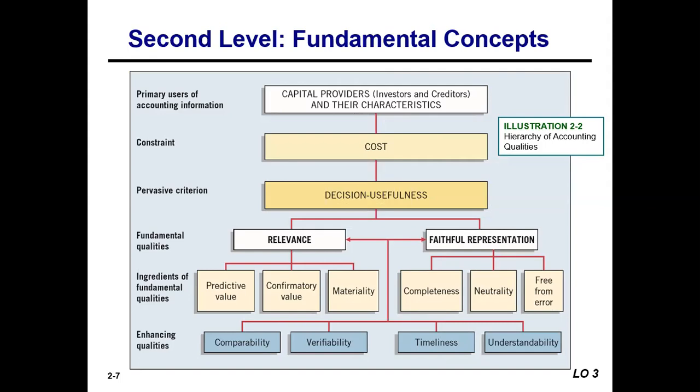And then again, that relevance breaks into predictive value, confirmatory value, materiality. So predictive value is if the information has value as an input to predict the future, or what we expect to happen in the future. So if it has value as an input to predictive processes used by investors to form their own expectations about the future.